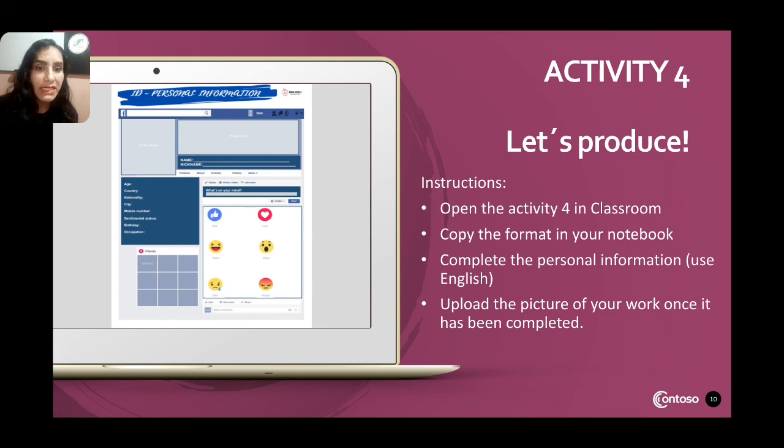What makes you feel sad? What makes you feel amazed? And what makes you feel happy and funny? So those are the instructions for this activity. I hope you have understood them.